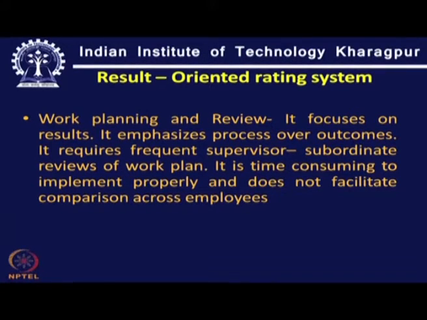So, one-to-one discussion with the subordinate regarding how a target is to be reached, what the deviations are at the present point of time, and what corrective actions need to be taken. Through constant review, the target is to be achieved.